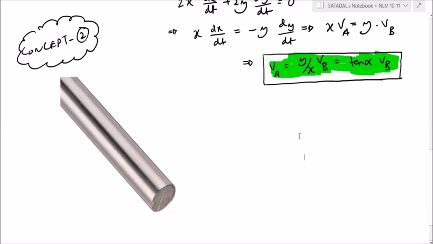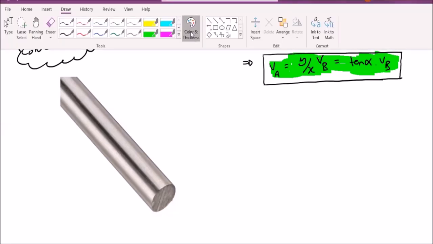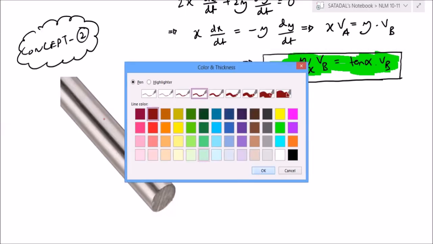In this rigid rod, let us see a few things. First of all, I'm going to take 2 points here.